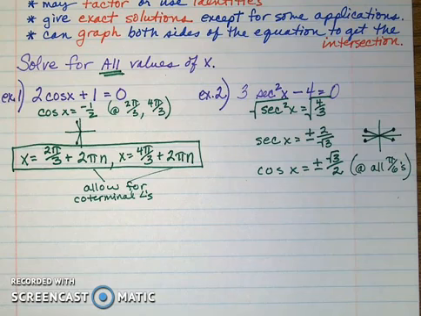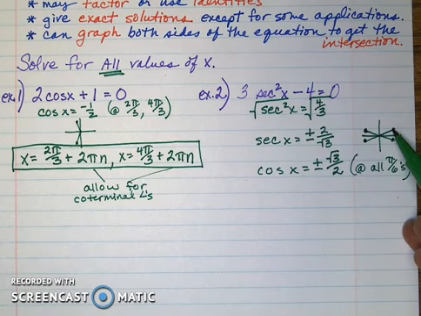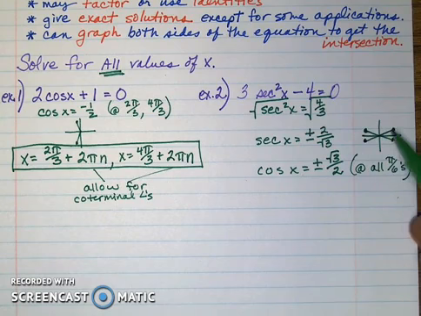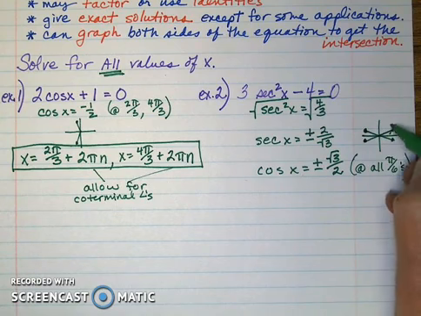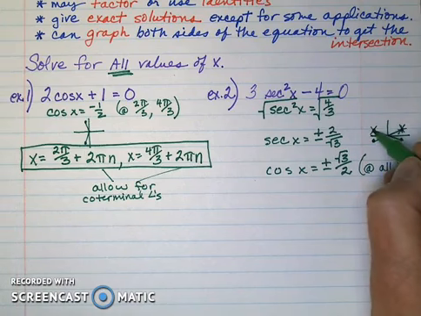Because if I just write this one at pi over 6, if I add a multiple of pi, I'm going to end up here. If I add a multiple of pi, I'm going to end up here, and then a multiple of pi, and here, and it spins around on that line. So I'm really only giving that point and the one in quadrant 2.